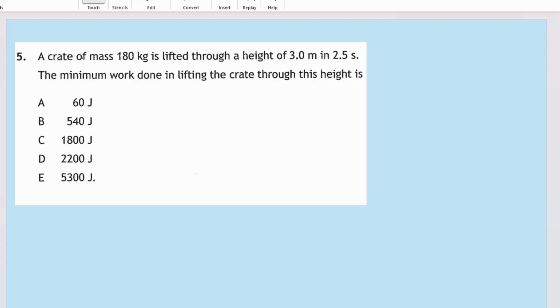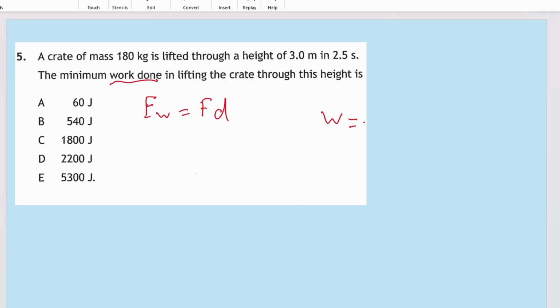Question 5 says a crate of mass 180 kg is lifted through a height of 3 meters in 2.5 seconds. The minimum work done in lifting the crate through this height is. Immediately, I can see that we need the work done. So let's write the formula Ew equals Fd. In this formula, we actually need a force, but we're not given any force here. But if you think about it, you technically are given the weight.